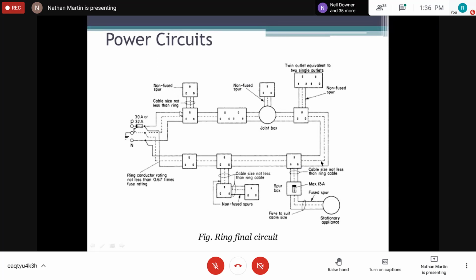So for this type of installation, you can have spur circuits. They can be either non-fused or fused. In this case, for your water heater circuit, you would have a switch outlet, and that switch outlet will control your water heater. That's one form of connecting these power circuits.